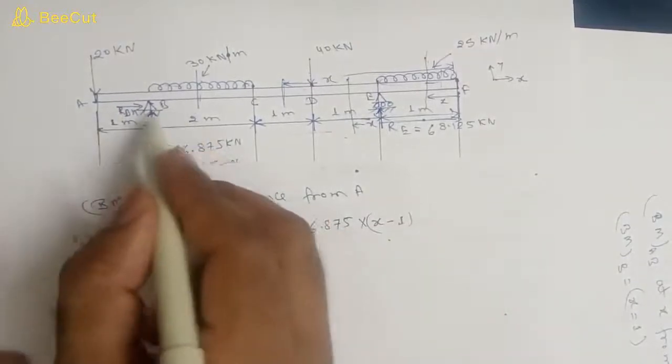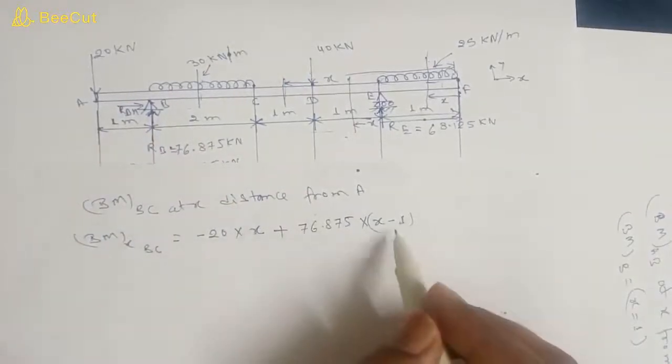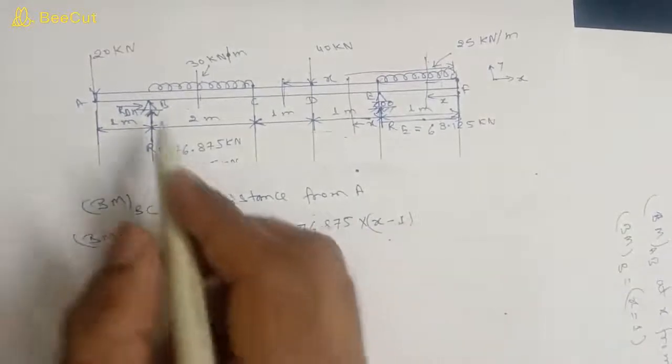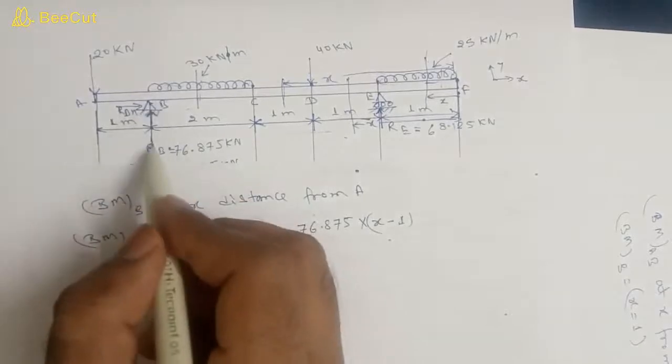This distance is x minus 1. So this is the bending moment up to here due to RB.